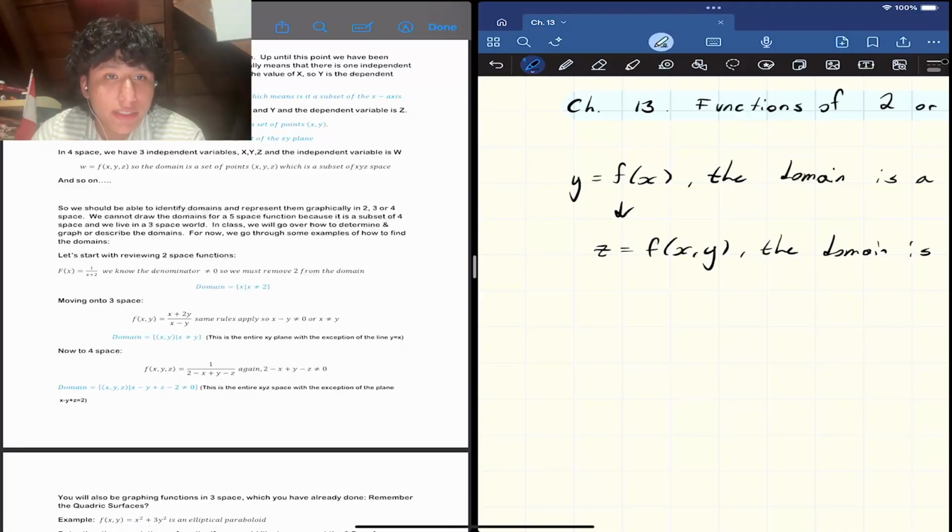So I'm guessing the reason we can draw the domain of a 4-space function is because its domain would be 3 space, and we do indeed live in a 3-dimensional world, so I guess the domain would just be everything. For 3 space, it would be a plane, the xy plane. So in class, we will go over how to determine and graph or describe domains.